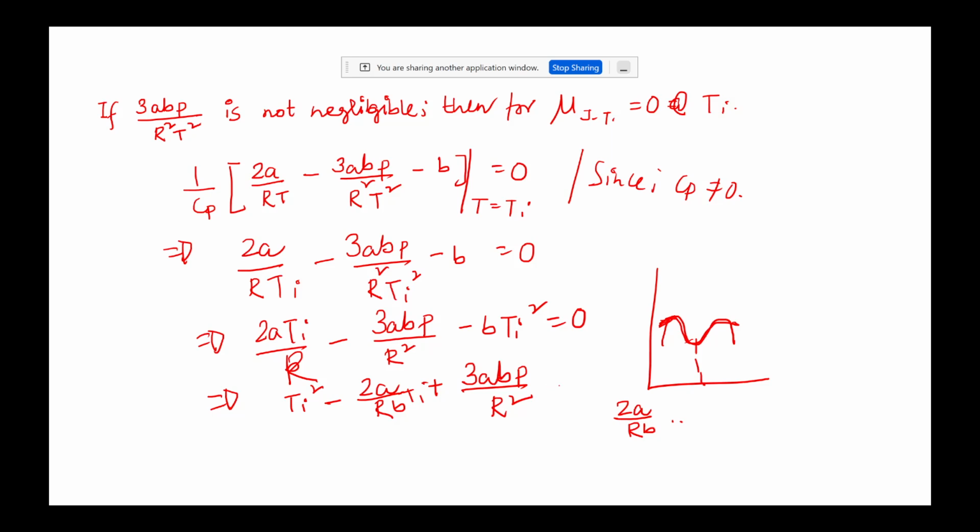So we can get this expression also, and this is quite interesting. This is a quadratic equation, you can solve it. The other solution gives some other thing. This 2a by Rb we get when the 4ac term equals 0. So that's all.